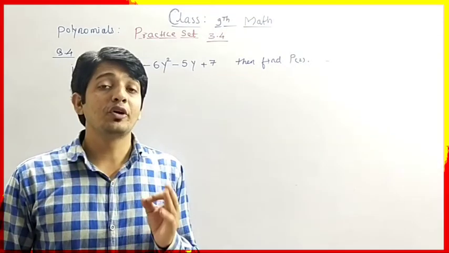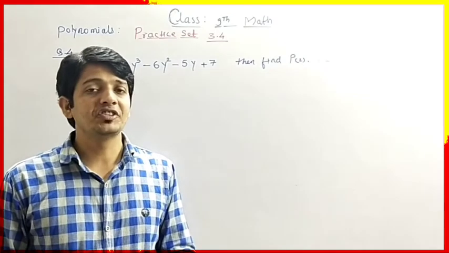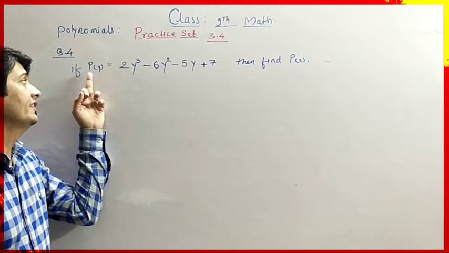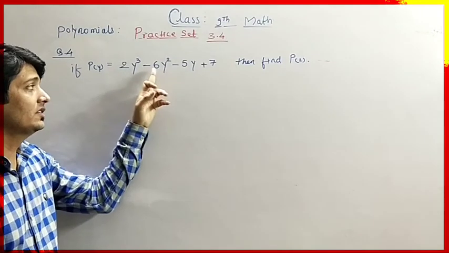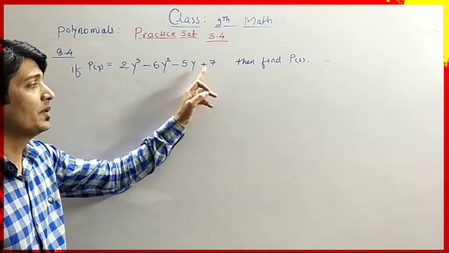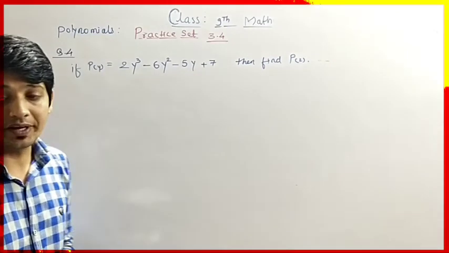So now we are going to solve the fourth and last problem of your practice set 3.4. Okay. So here the polynomial given is p(y) equals 2y cube minus 6y square minus 5y plus 7. Then we have to find the value of p(2). Okay.